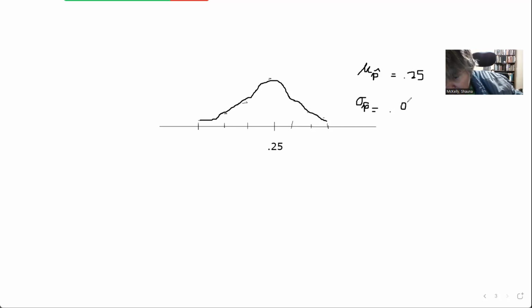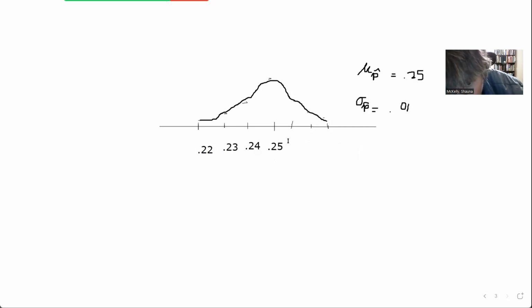So we're going to put that in just like we normally would, and we're going to graph our distribution. So we have 0.24. Remember, you're subtracting here. This is 0.23, 0.22, right?